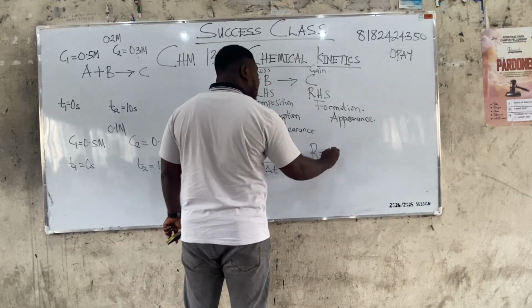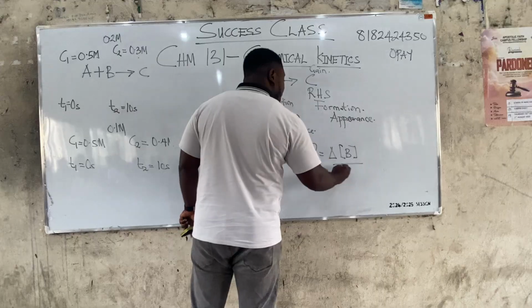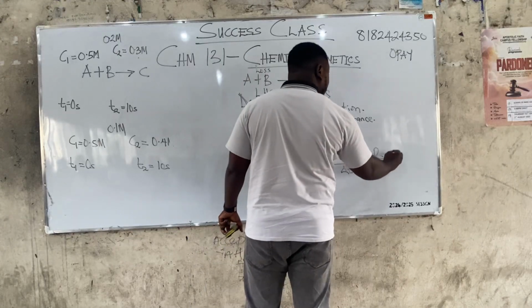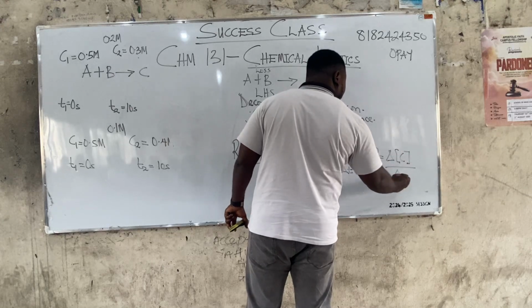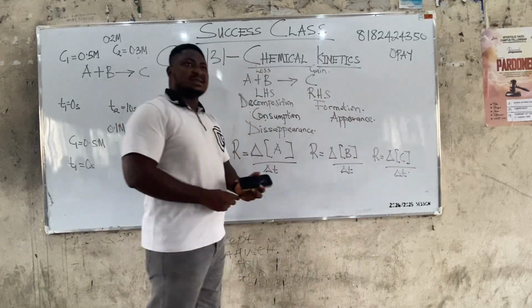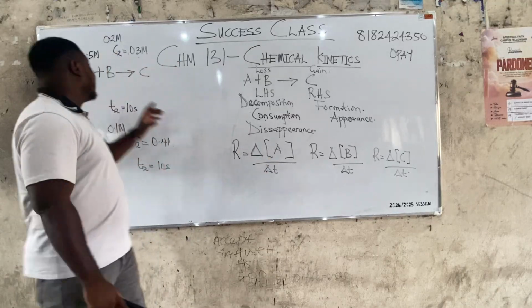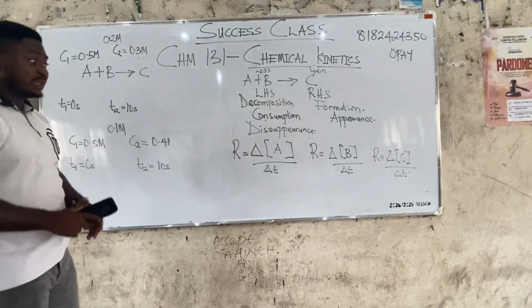It can be change in concentration of B all over change in time, and it can be equal to change in concentration of C all over change in time. Don't forget, the rate of chemical reaction is change in concentration all over change in time, from C2 to C1 all over change in time.